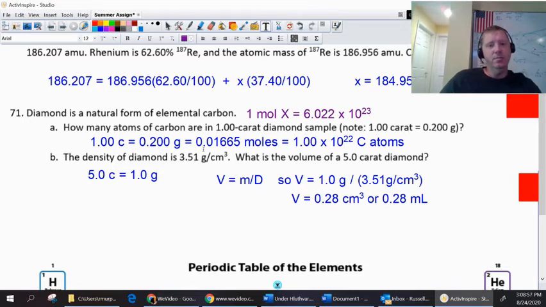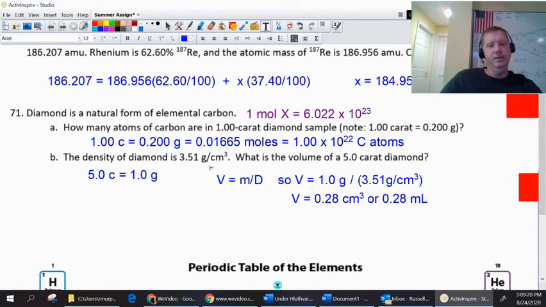And then I converted it to moles. I used that 0.2 grams divided by the molar mass from the periodic table for carbon. Carbon is 12.01, so that's how many moles of carbon there are. Notice I didn't do any rounding yet. My calculator kept the whole thing. And then I converted moles into atoms using Avogadro's number. So we have 1 times 10 to the 22nd carbon atoms.